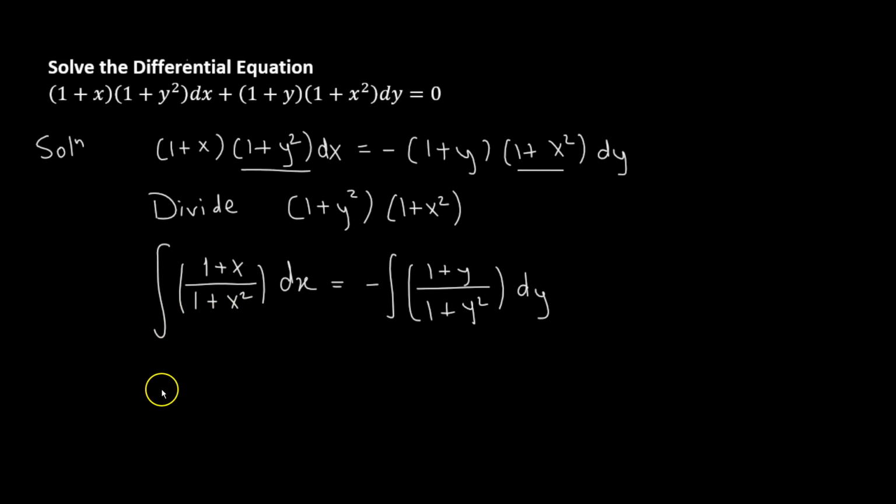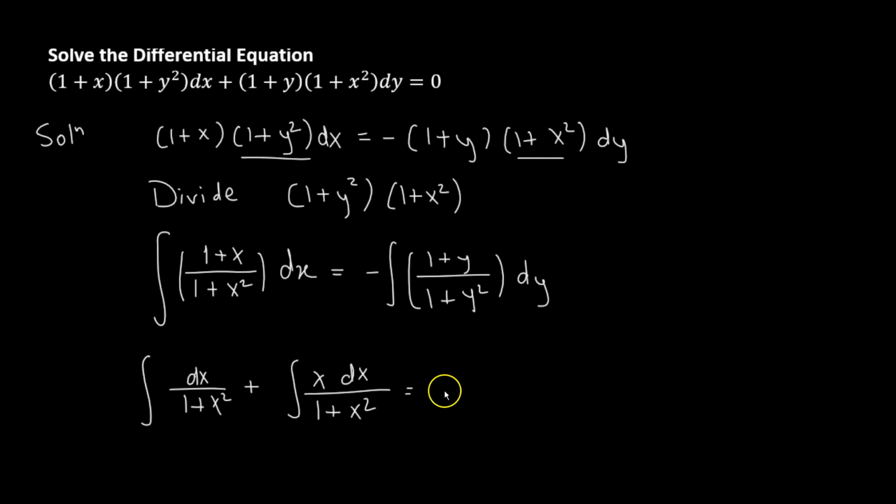We can further rewrite this equation as integral of 1 over 1 plus x squared dx plus integral of x dx divided by 1 plus x squared equals negative integral dy divided by 1 plus y squared minus integral y dy divided by 1 plus y squared.